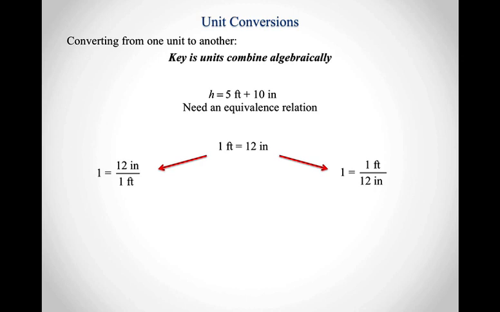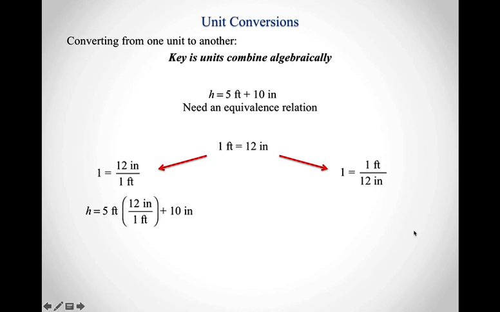So what I'm able to do then with this equivalency relation is basically figure out, depending on which unit I want to cancel, how I need to write this relationship in terms of one side of my equation being on top of the other. So as an example, let's say I want to convert my height into inches.